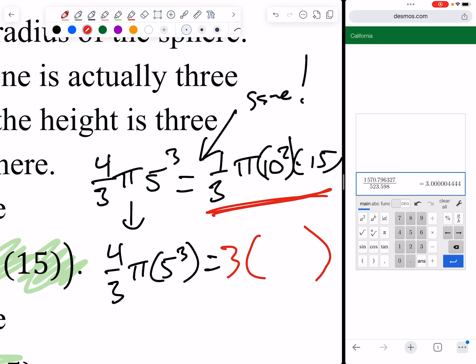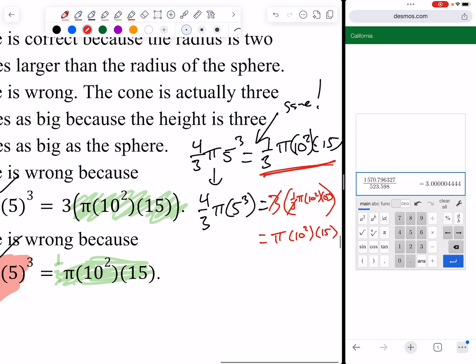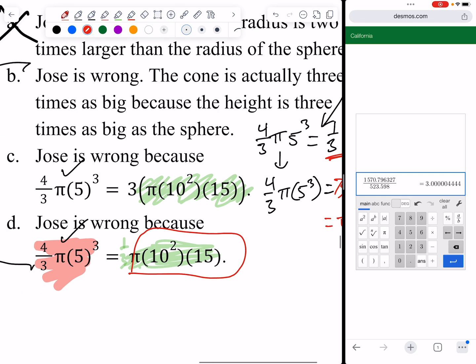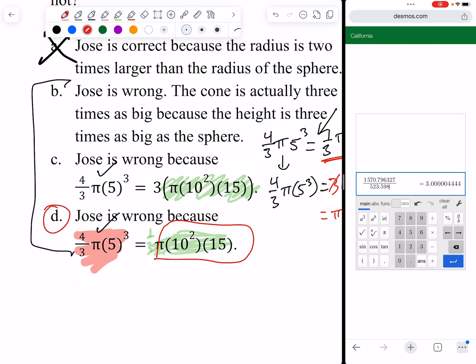So if I multiply 3 times 1/3 times pi times 10 squared times 15, 3 times 1/3 gives me 1 pi. So I'm left with pi times 10 squared times 15, which in this case happens to be right there. Wow. So the answer is actually D.